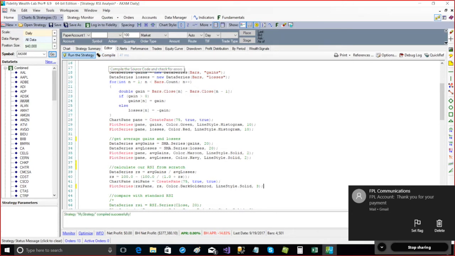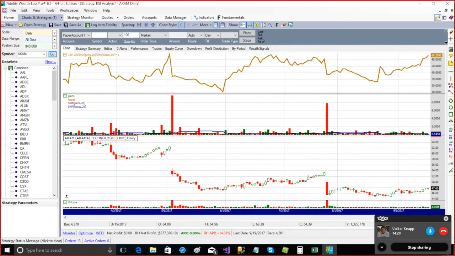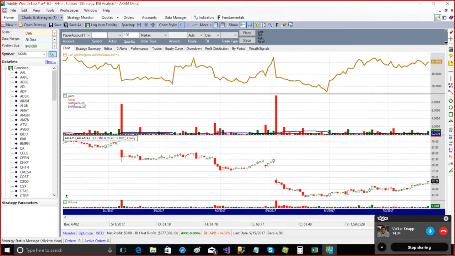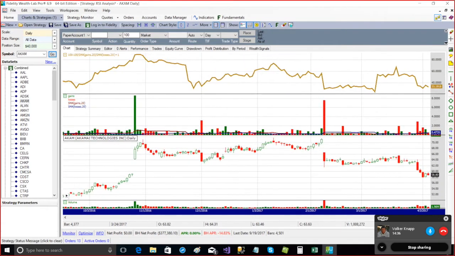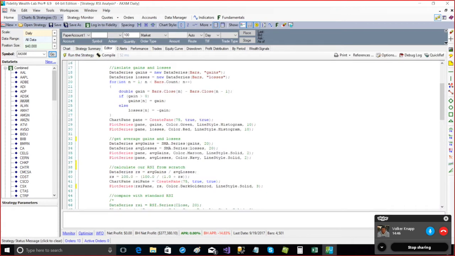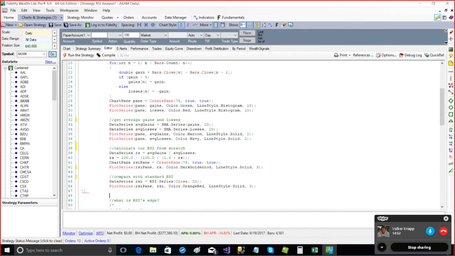So if I now run this again, we'll get something up here that looks kind of like the RSI, right? Yep, looks like it. I mean, it's moving in the same range. We know RSI is considered oversold when it goes below 30 and overbought when it goes above 70. So it's looking similar, but what I'll do now is plot the regular RSI on that same pane.